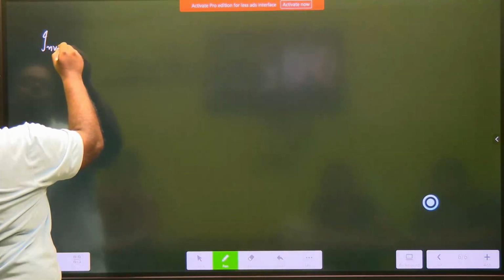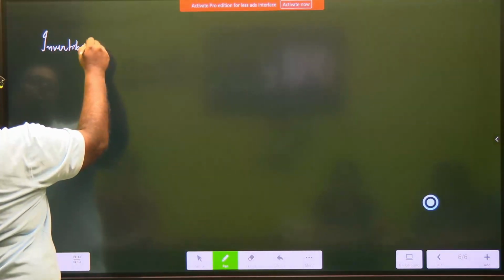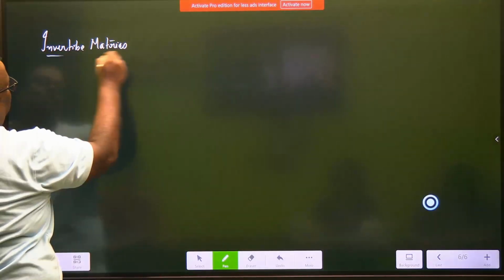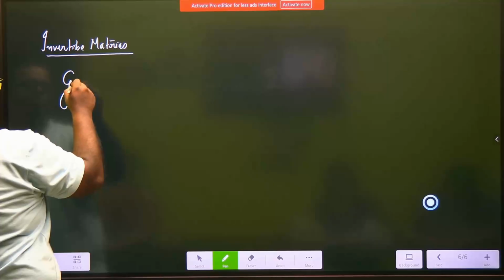So let's quickly finish it. Invertible matrices. So this is what you know.